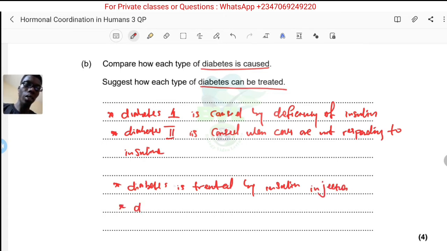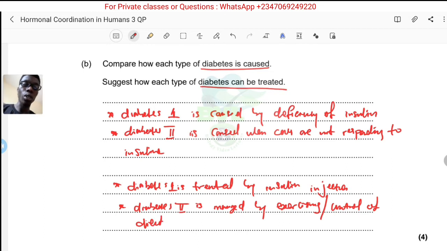While diabetes type 2 is managed by exercising and control of diet.